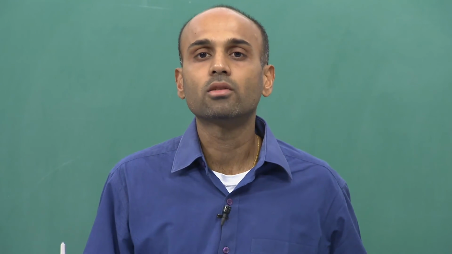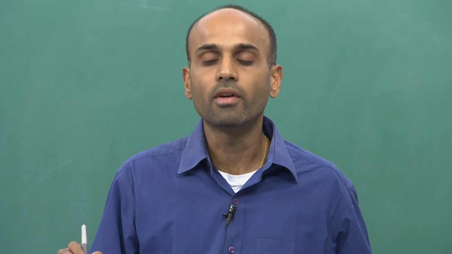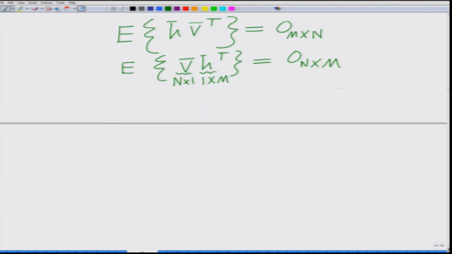Okay. Now, let us look at the covariance of the noise, and this is something that we have already looked at. We are going to consider the noise samples similar to previous scenarios.